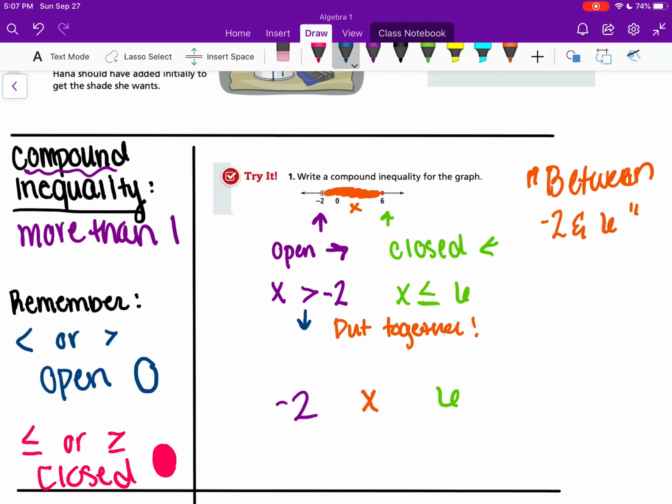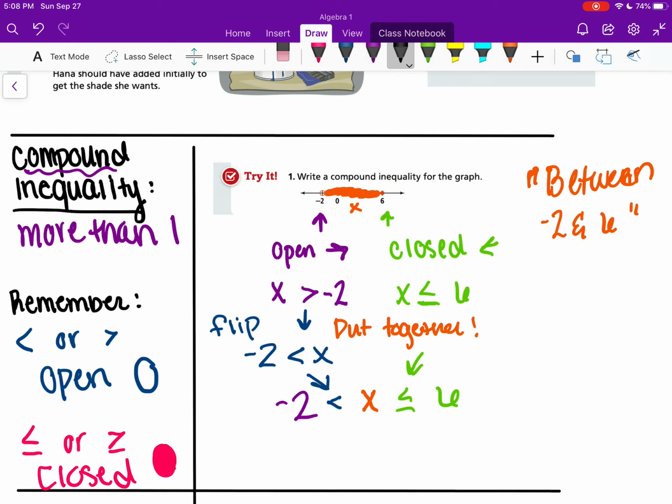See how I want to put the -2 on the left and the x on the right, because I want to write it as one. So instead of writing x is greater than -2, I can write -2 is less than x. If I bring down this sign, I've got the less than or equal to.